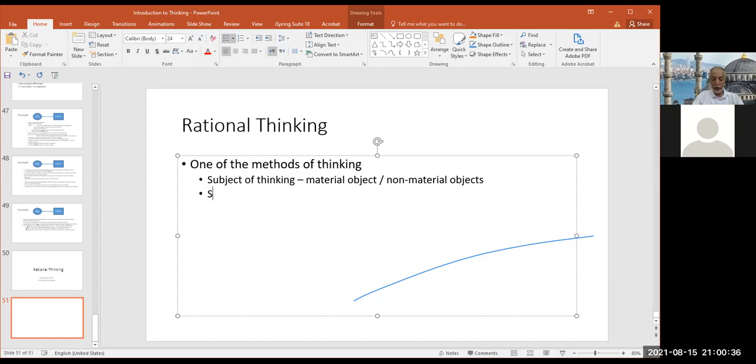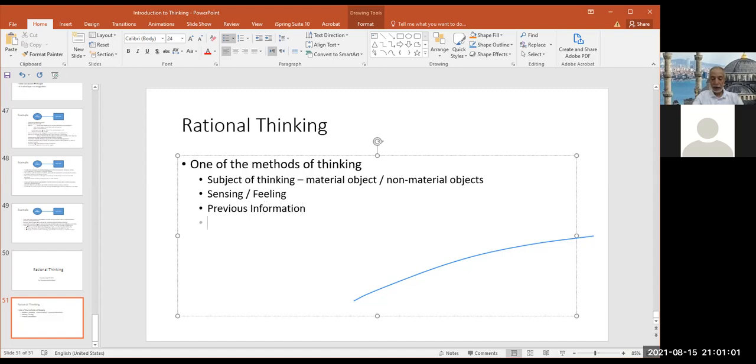And you definitely need the sensing. Since I mentioned the non-material objects, I will say sensing or feeling, because feelings, in reality, are a sense, and I will explain that in a bit. And I need the previous information.